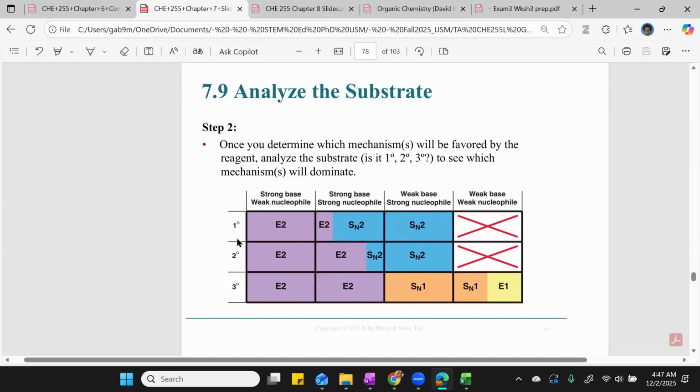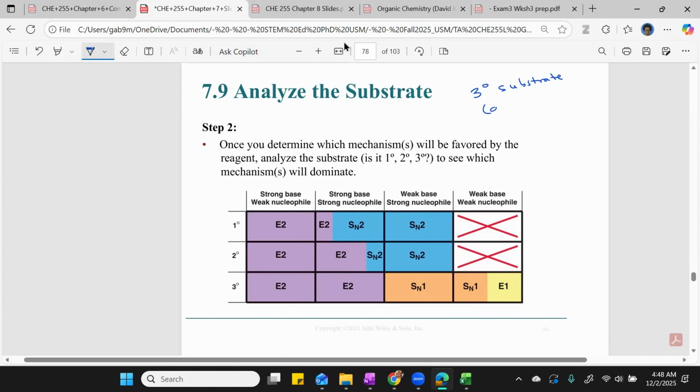So I know I'm not looking through the rows for the possibilities of 1 and 2, right? And I think what's interesting here is that tertiary has a whole lot of different options. So now you do have to focus on what type of nucleophile you have. We really don't have a weak nucleophile. So considering our practice problem, our substrate is tertiary.